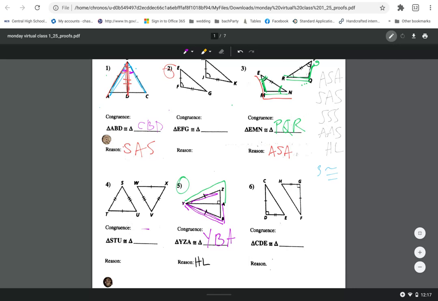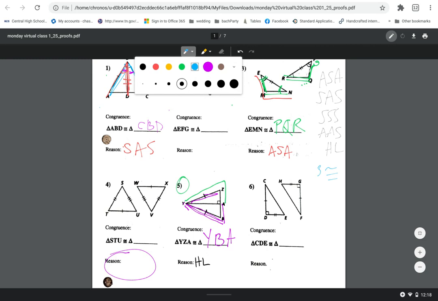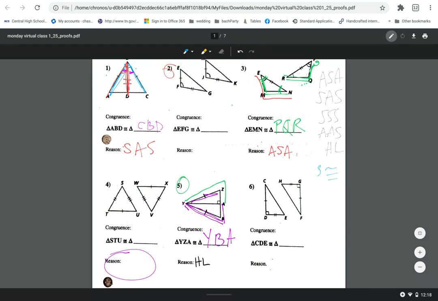So you're going to do the reason here, but I'm going to help you name it because it kind of gets crazy. All right. So STU. So it starts at S. So that's the angle that's between my side with 2 marks and my side with 3 marks.